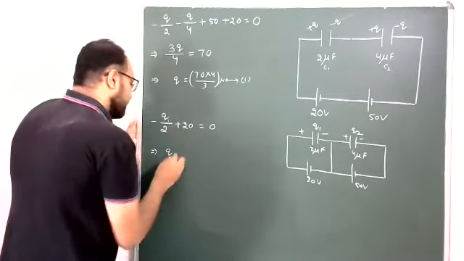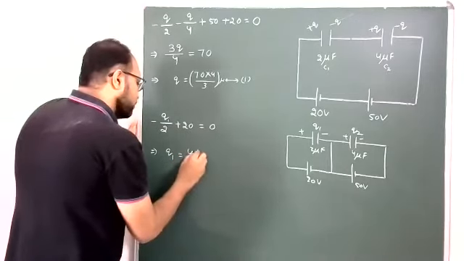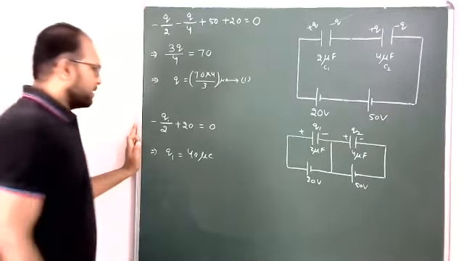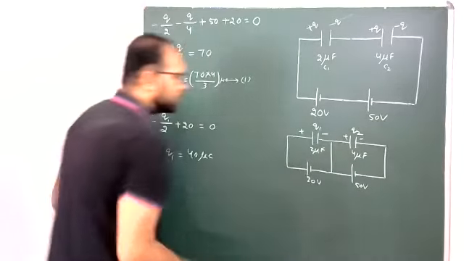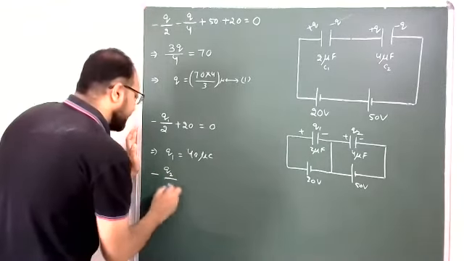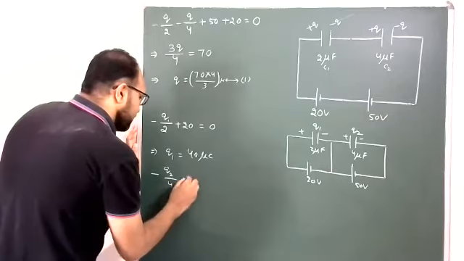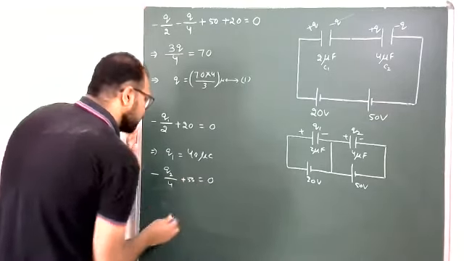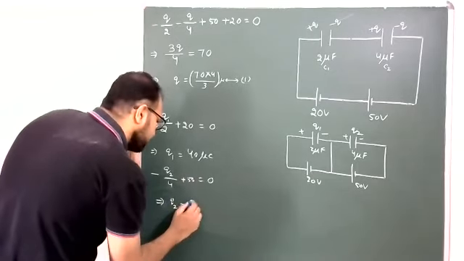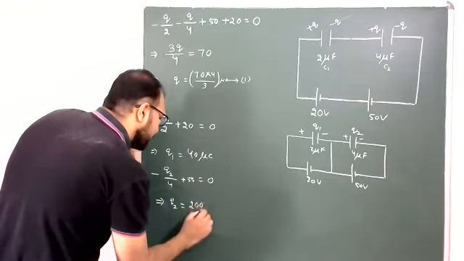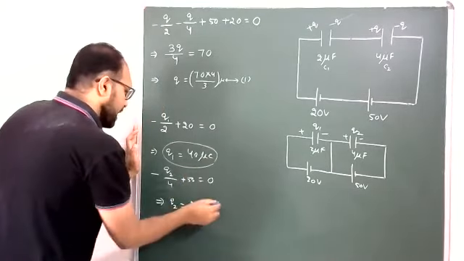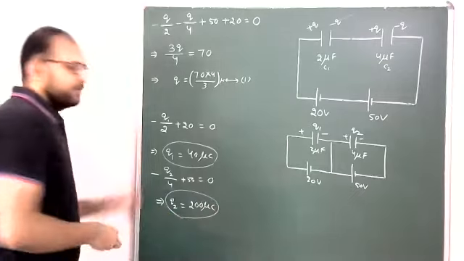Therefore Q1 equals 40 microcoulombs. Next, 50 minus Q2 divided by 4 equals 0. Therefore Q2 equals 200 microcoulombs.